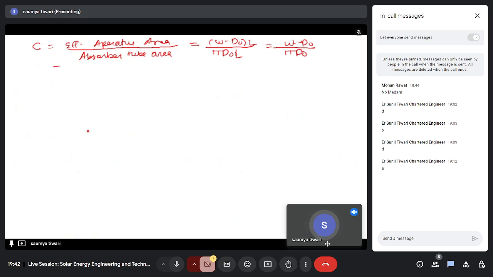I'll put the values: 3.5 minus 0.08 divided by pi into 0.08. If we solve this, it will be 3.42 upon 0.2513, which comes to be 13.608. This is your concentration ratio.